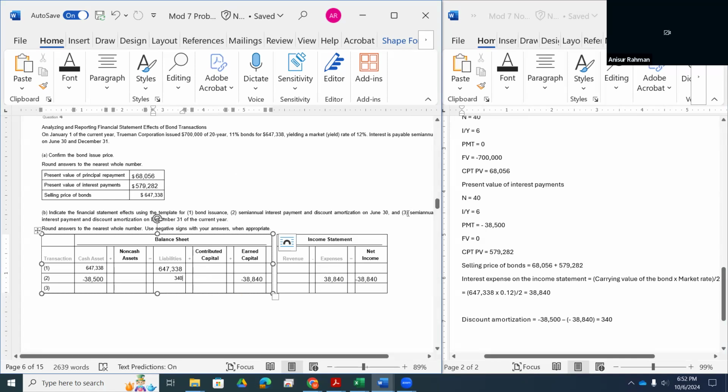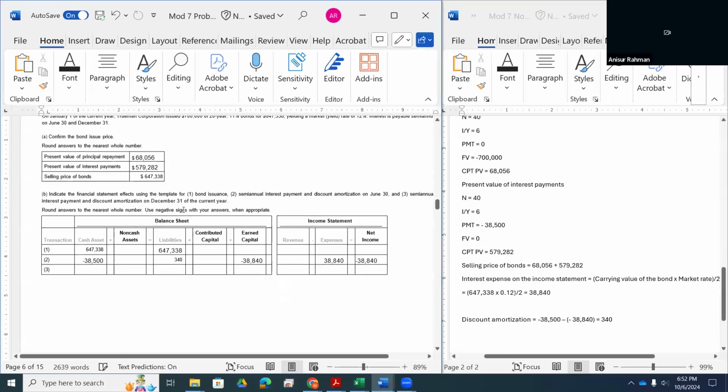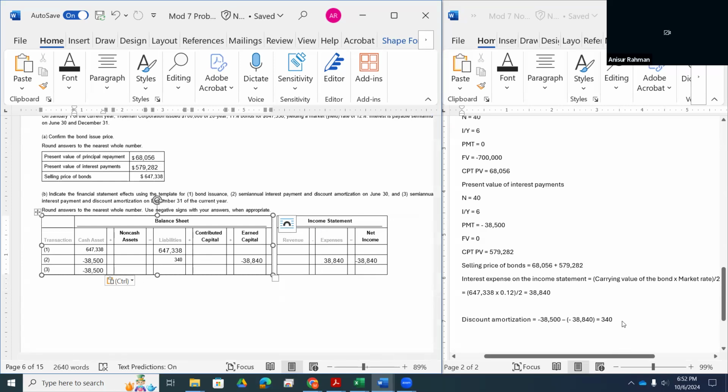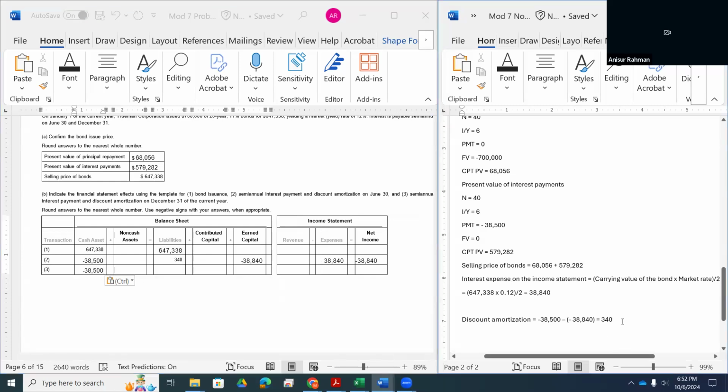Now let's move on to question 3, semi-annual interest payments and discount amortization on December 31st. Okay, so after 6 more months. So our cash interest payment does not change. Now, but in case of income statement, we need the carrying amount of the bond, carrying value of the bond.